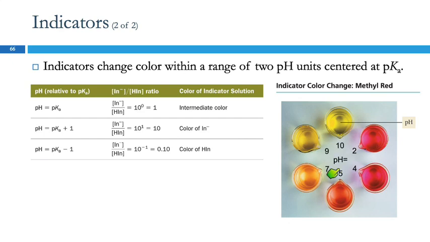So here we've got methyl red, at pH 2, pH 4, pH 5.7, 9, and 10, right? And we see here, it's still orange, and here it's yellow.